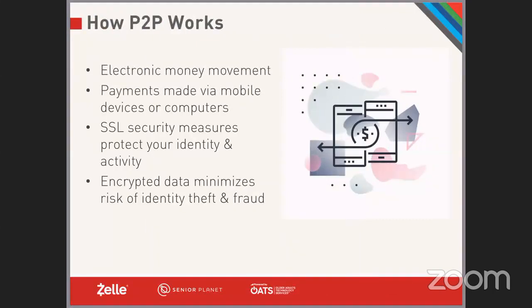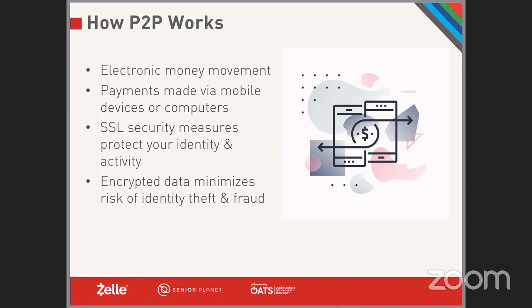So how it works exactly: it's electronic money movement, basically similar to a wire transfer. The payments are made via your phones, your mobile devices. It could also be an iPad or your computer. If your bank is connected to Zelle, then you just use your online banking app or website, and you can do it through there.